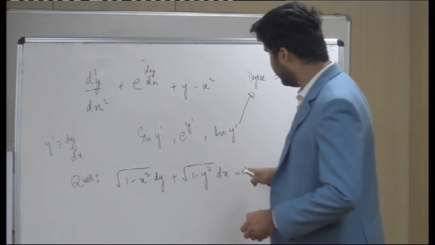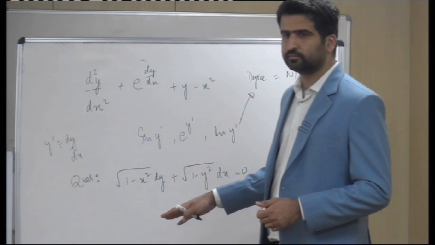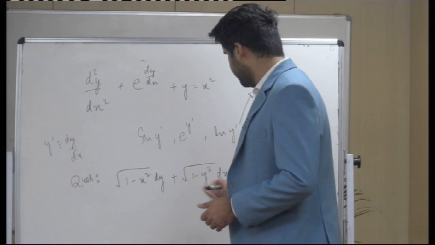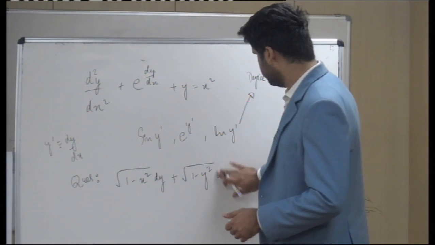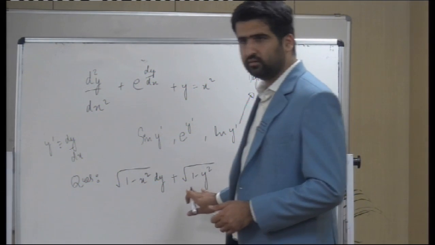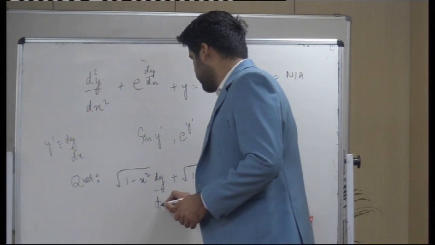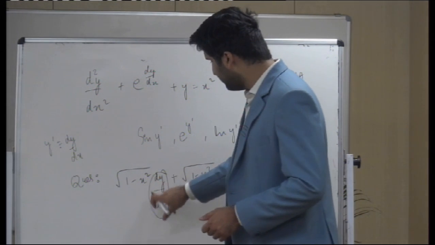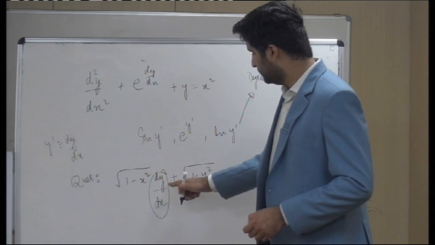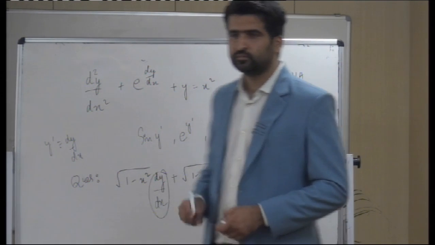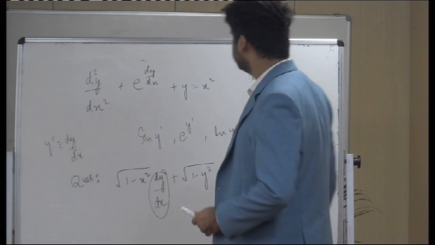We can divide the whole equation by dx. This will remain 0, this is simply just like this, and this will be dy upon dx. So we just have a term of dy by dx, no second order, no third order derivative. So the degree is also 1 and the order is also 1, right?